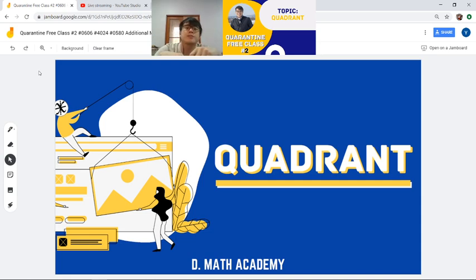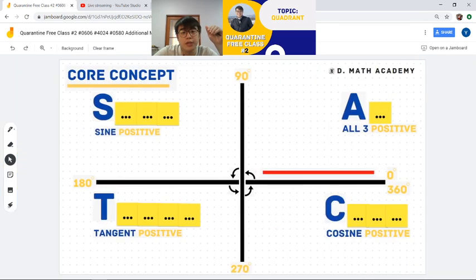Okay, so the topic that we are going through today is quadrant, and I will be covering both mathematics and additional mathematics part of this topic. So now what you're going to see is the main frameworks that this particular topic works on.